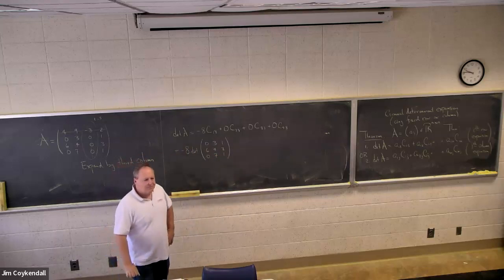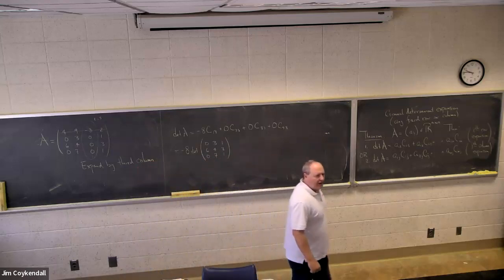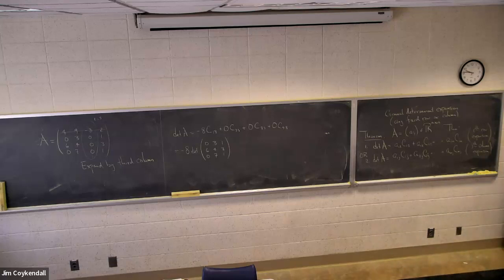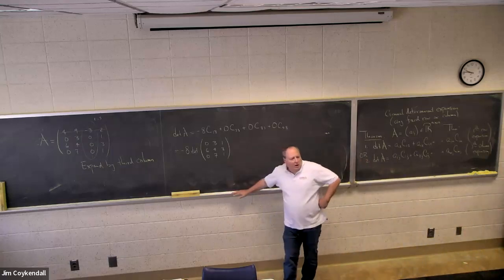Everybody agree with that? Well, this is easy enough. I can just go straight through, but while we're on the subject, let's be efficient. What's the best row or column to expand along on this? I'd go first column on this.